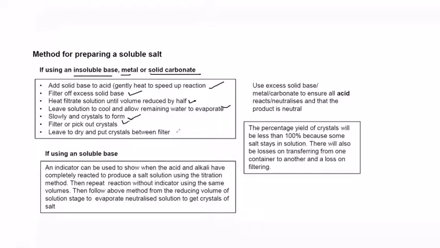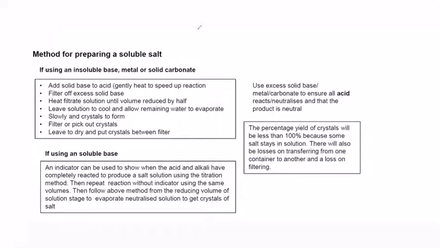Filter and pick out the crystals and leave them to dry, or put the crystals between filter paper so that they will be dry. But this will not give 100% yield. Why will this not give 100% yield? Because when an acid reacts with a metal, it forms a salt solution.